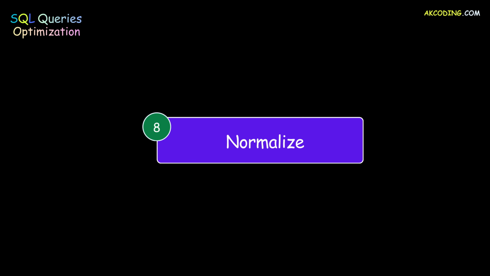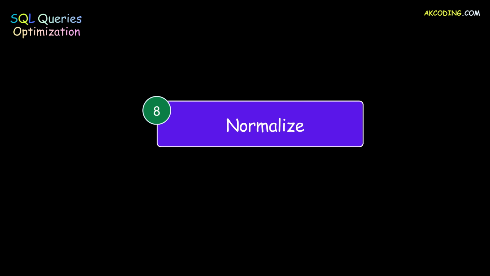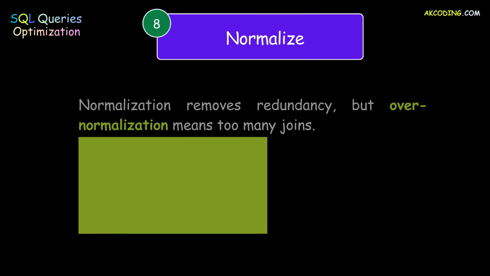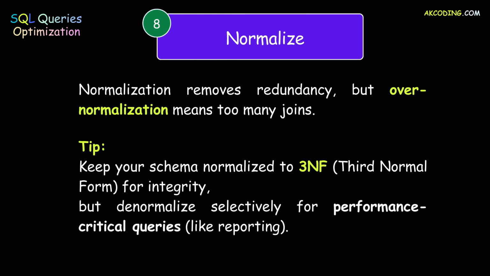Number 8. Normalize, but not too much. Normalization removes redundancy, but over-normalization means too many joins. The pro tip is to keep your schema normalized to third normal form for integrity, but denormalize selectively for performance-critical queries like reporting.